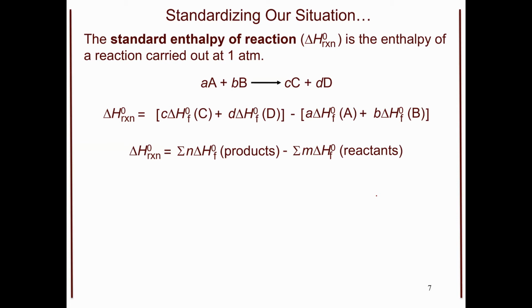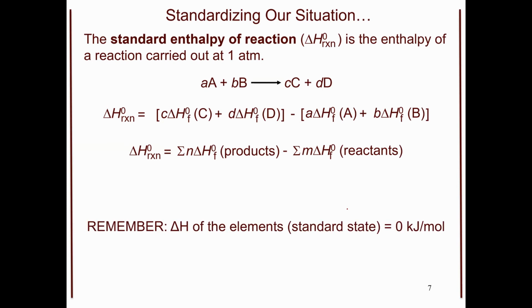So what you're going to want to do is find the standard enthalpy of formation for your individual species, multiply them by their coefficients, and then add them together for the products, and then add the reactants together, and then do the subtraction. Remember, delta H's of the elements in their standard states are equal to 0 kilojoules per mole.